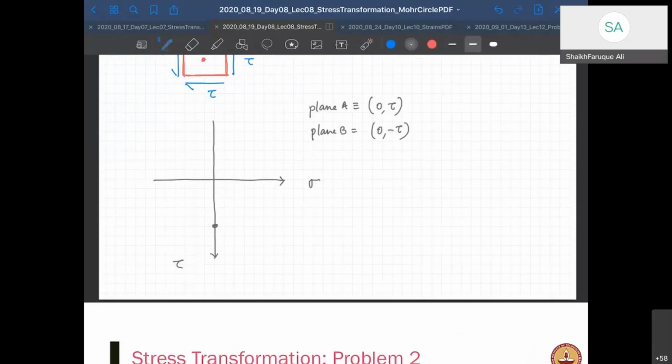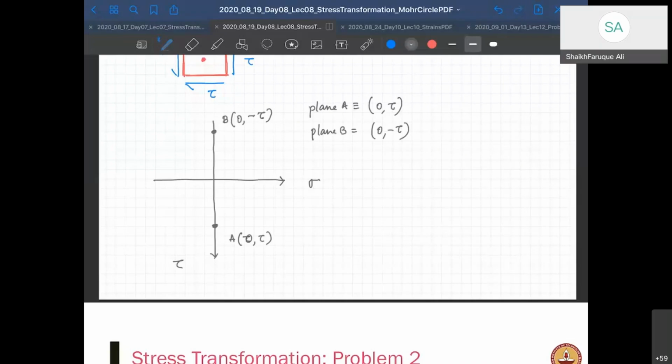So this is my point A. Similarly, that's my point B, 0, minus tau.